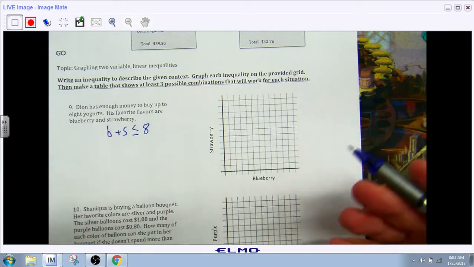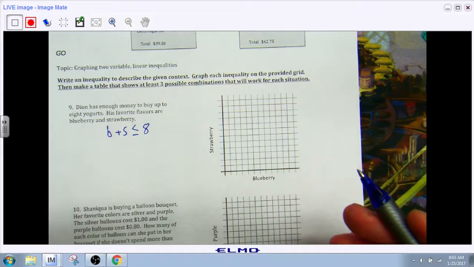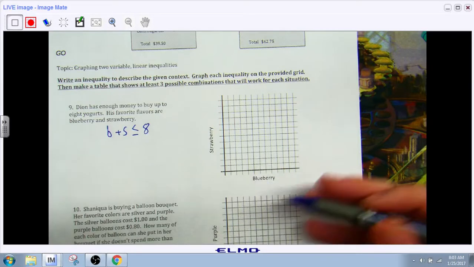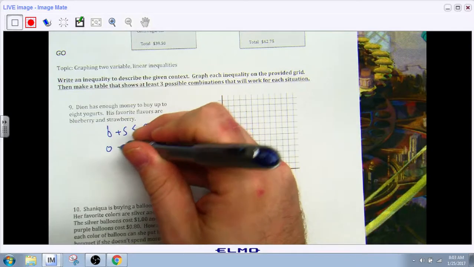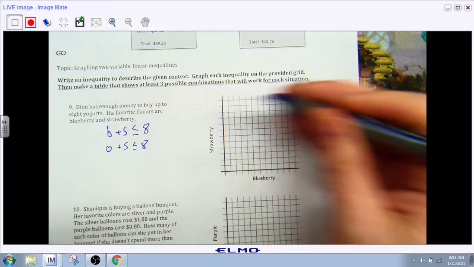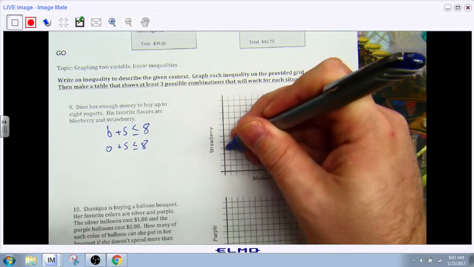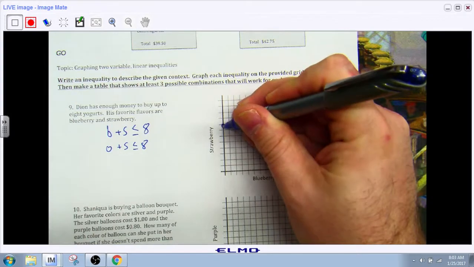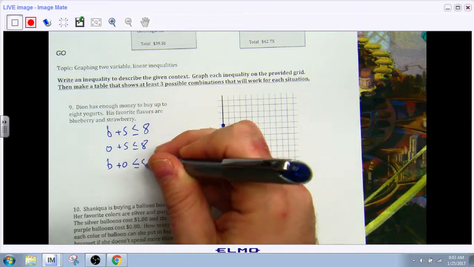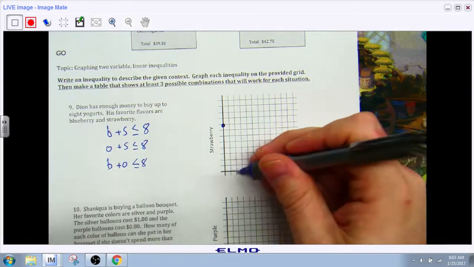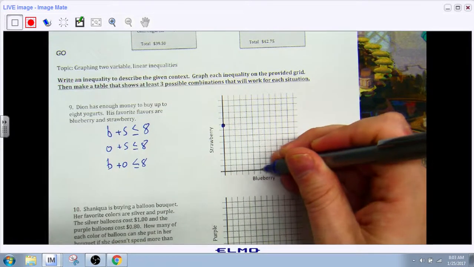So from this, we can figure out where it's going to cross our intercepts. If he buys 0 blueberry, then strawberries are going to be at 8. So 1, 2, 3, 4, 5, 6, 7, 8. And likewise, if he buys 0 strawberries, that's going to be at 8. 1, 2, 3, 4, 5, 6, 7, 8.